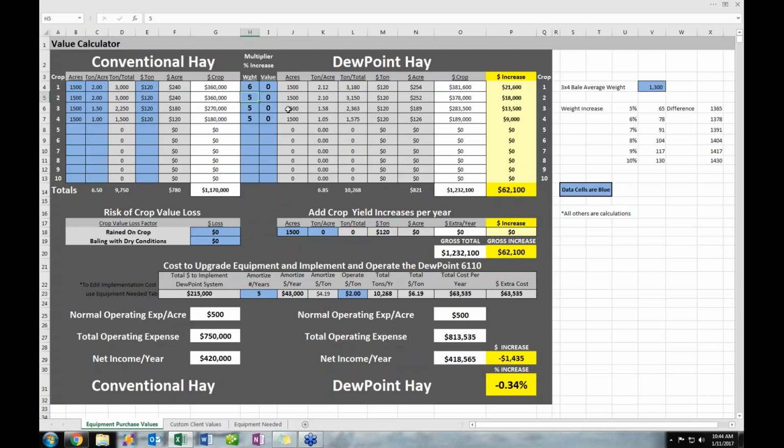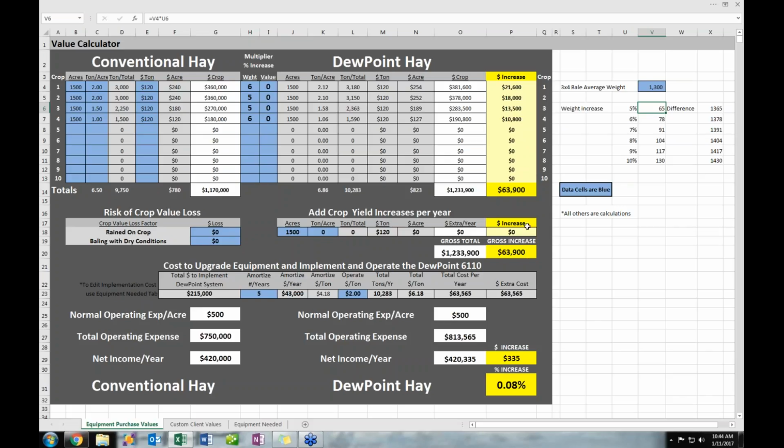So let's say first cutting is 6%, fourth cutting is 6%. If we average the two, the average of those four numbers added together is what? 5.5%. We need to get 5.5% weight increase, so about 70 pounds, to break even on our investment.